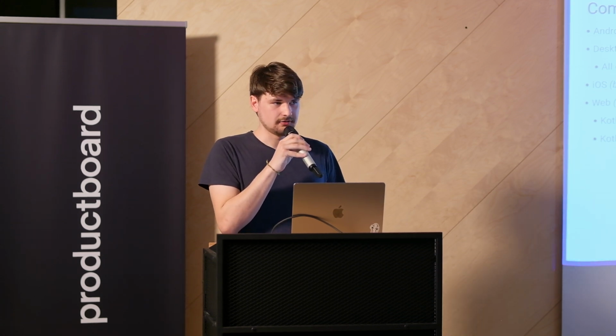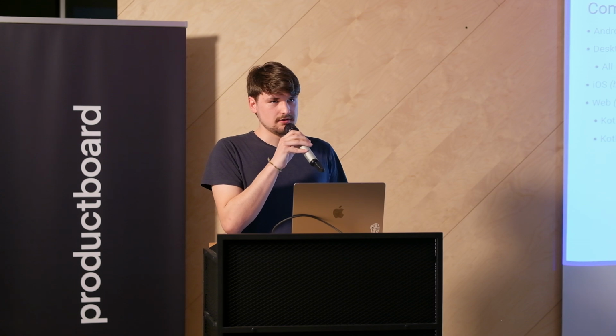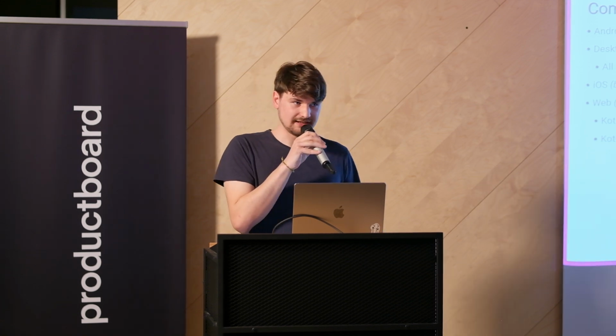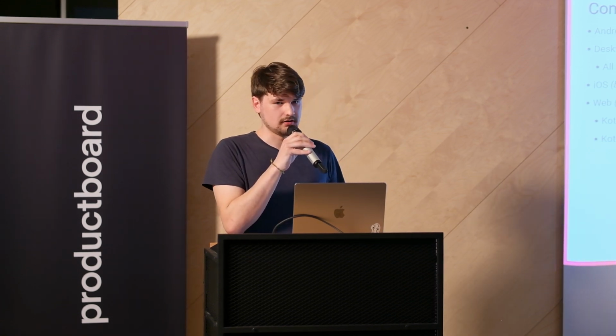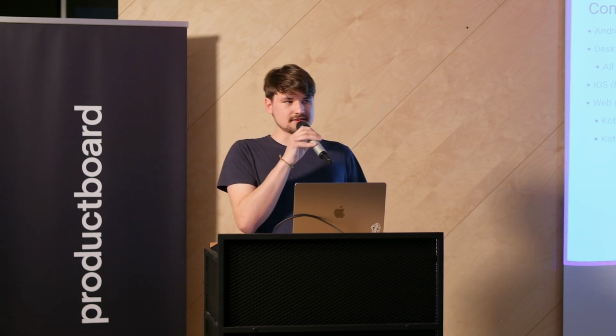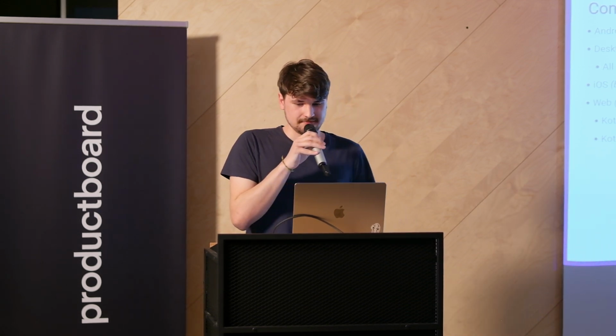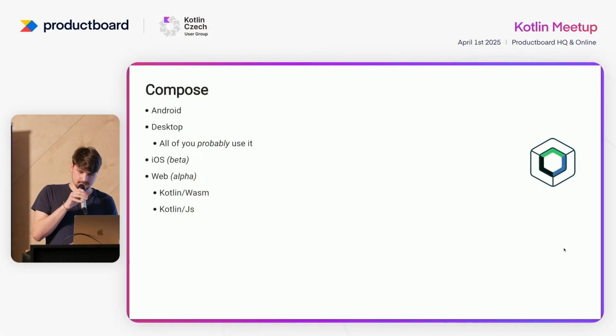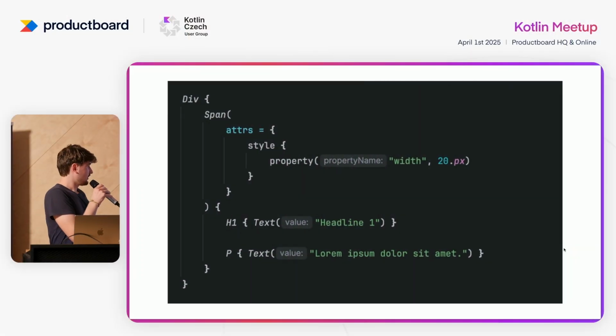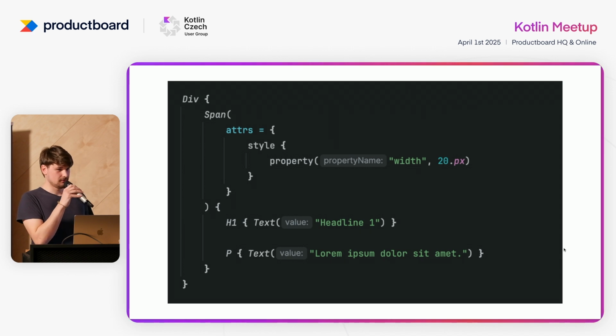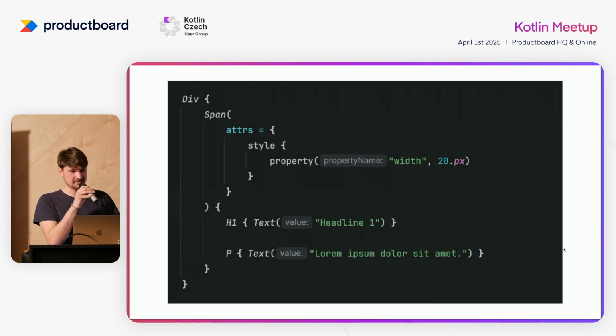And it basically generates a web page using Compose-like syntax, but there's a lot of HTML, CSS, and JavaScript similarities, and it can be really noticed. As can be seen here, this is a snippet of code in Compose HTML, and as you can see, it almost looks like HTML converted to Kotlin.